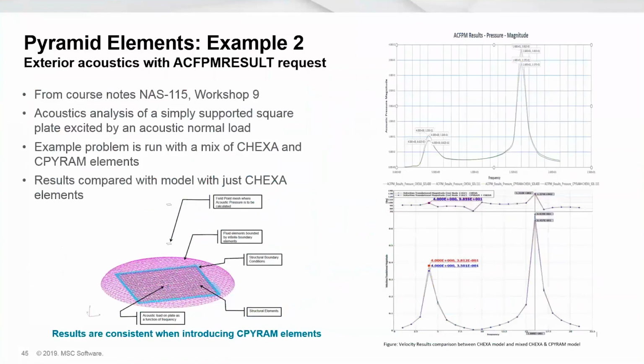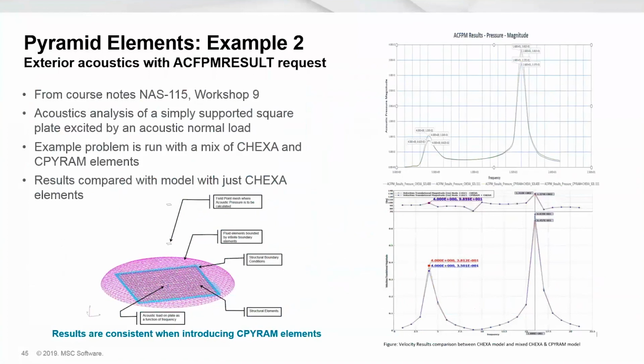We ran some other examples. In this case, it's an exterior acoustics example. We have a plate on which an acoustic load is applied. The acoustic load is applied as a function of frequency, and then we have our infinite elements external to the plate, where we check what the acoustic pressure is.